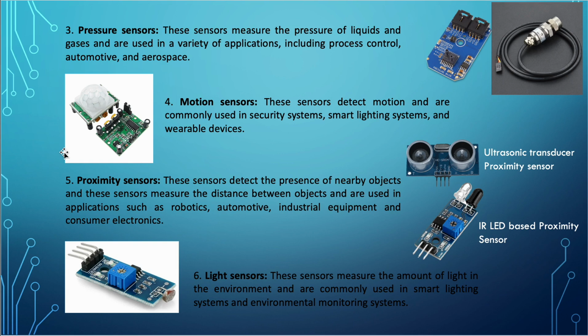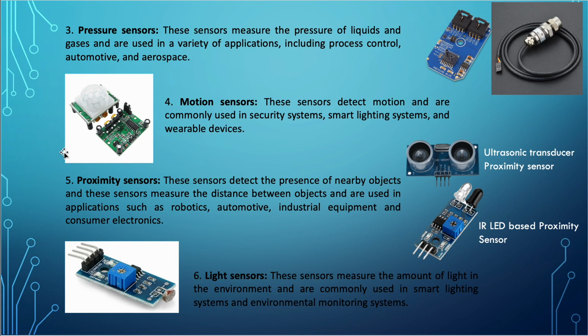Not even just smart vehicles, even normal vehicles today have proximity sensors which give a warning when you get near a vehicle. Industrial equipment and consumer electronics, right? Even toys have proximity sensors, where toy cars can travel towards a wall or a table and turn around without hitting it. There are toys like that.